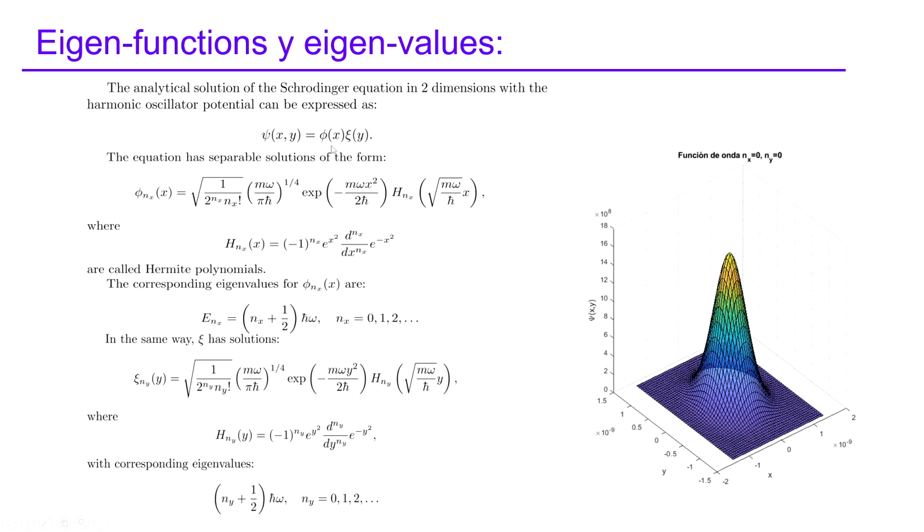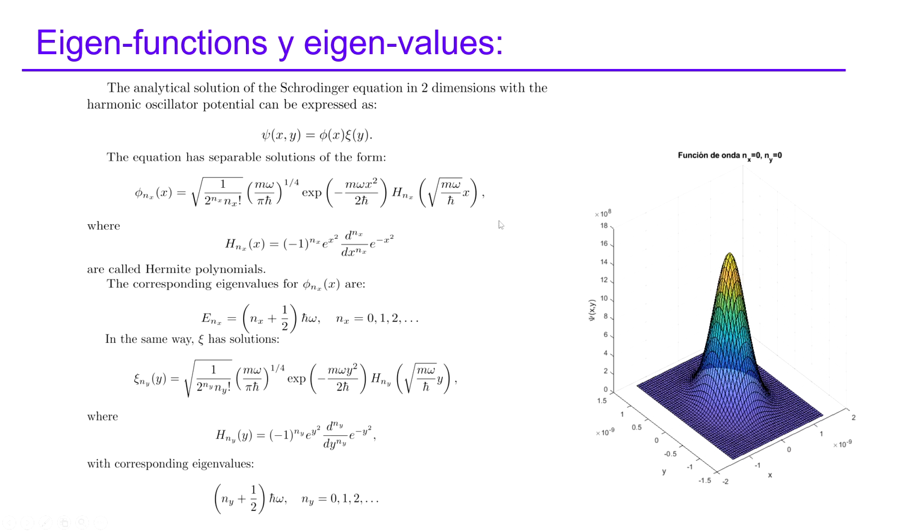We obtain the solution by multiplying two functions, one that corresponds to x and the second that corresponds to y. The equation has several solutions of the form.